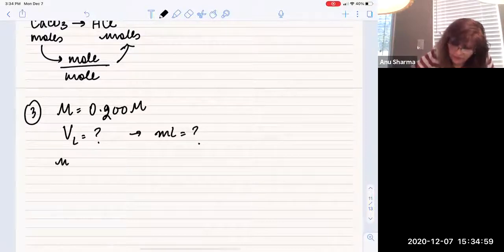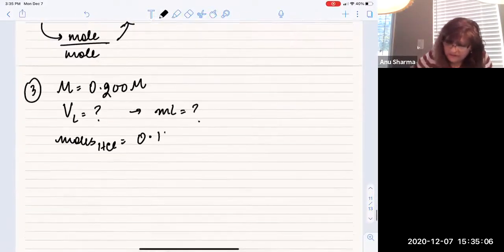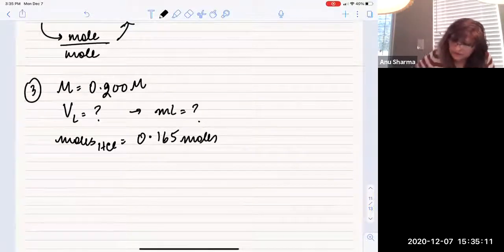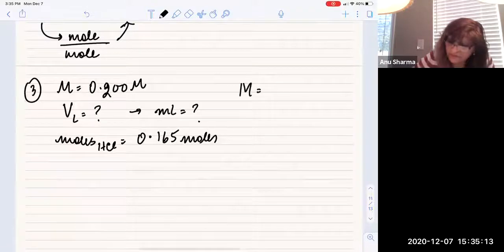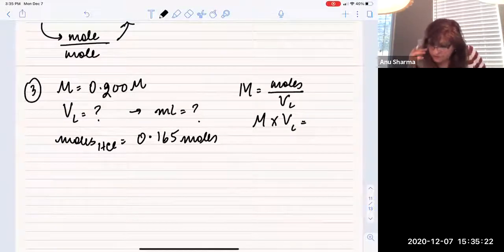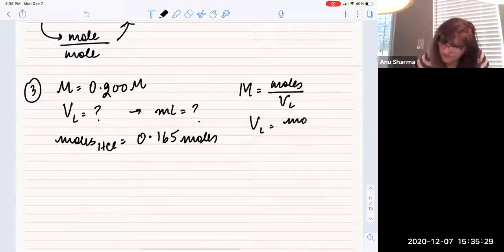We calculated the moles of HCl as 0.165. Molarity is equal to moles over volume in liters, so volume in liters is equal to moles over the molarity.